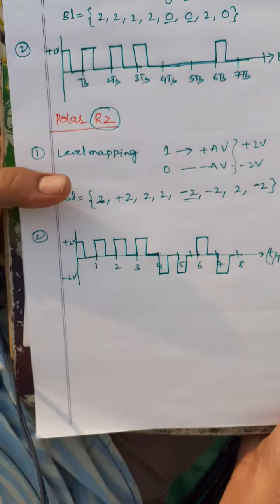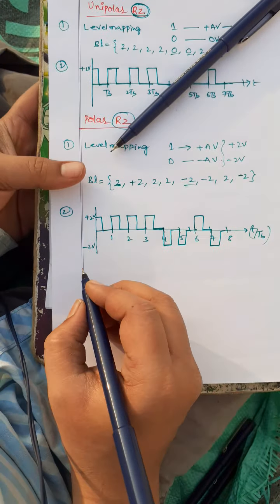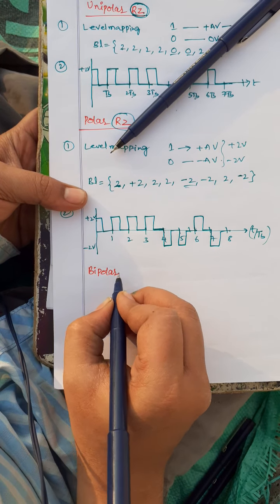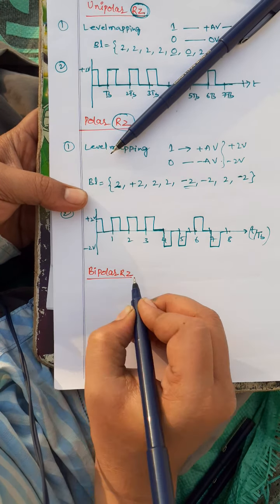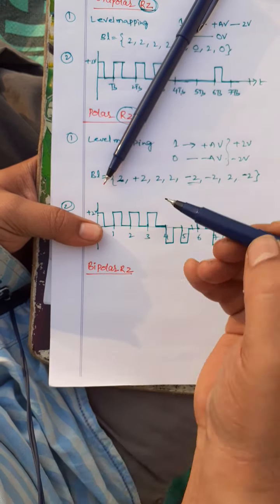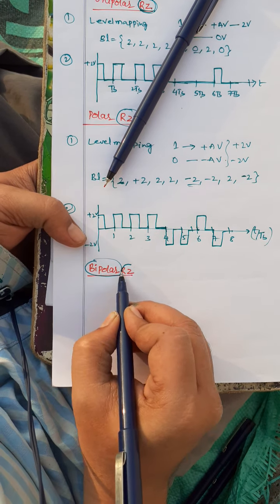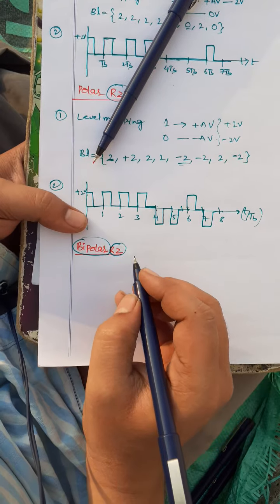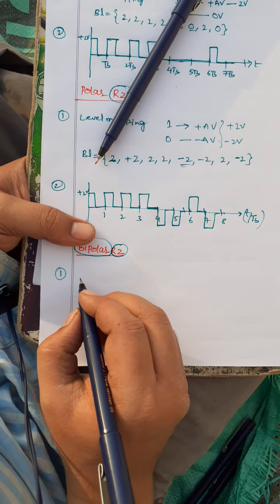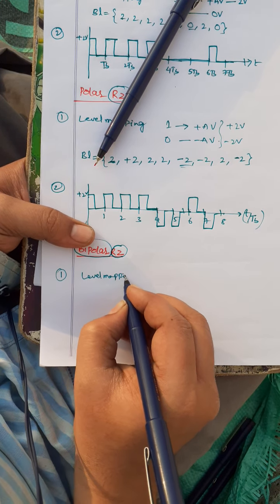Now the third one, bipolar RZ. Here the pulse shaping technique is bipolar. Available pulse is RZ. Right? Step 1 is level mapping.